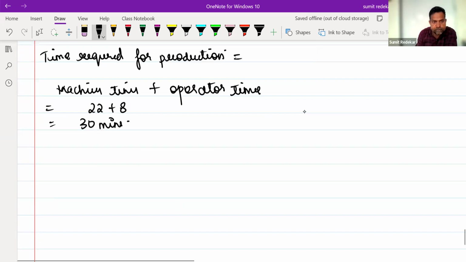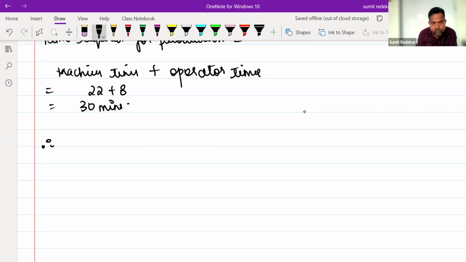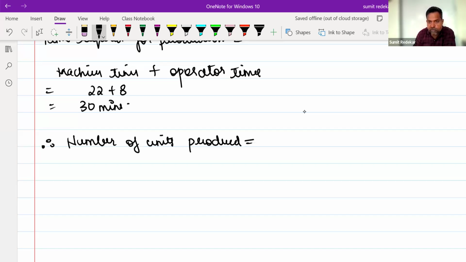So can I say therefore, number of units produced is 12,000 divided by 30, which is 400.